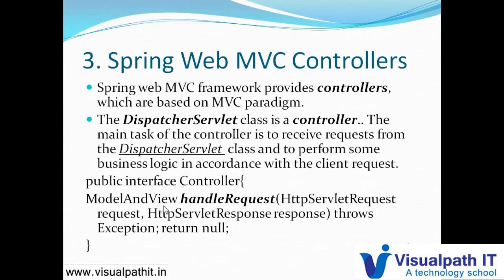Model and view is one single keyword. We return a model and view object so that the dispatcher servlet will render that. So how can we write it? Model and view handleRequest, HttpServletRequest, which is the class and an object, HttpServletResponse, throws Exception.